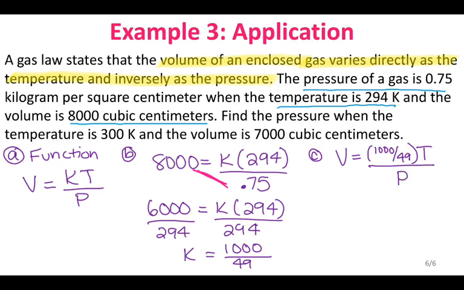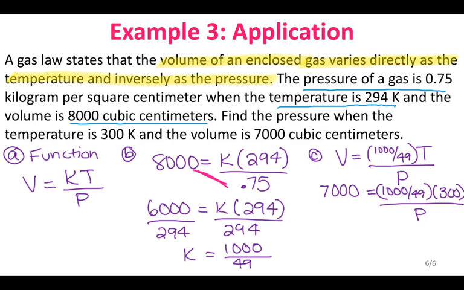Temperature over pressure. Now, if I look at the rest of the problem, it says find the pressure when the temperature is 3,000 Kelvin and the volume is 7,000 cubic centimeters. So I'm going to go ahead and make some replacements. So my volume was 7,000. K is still 1,000 over 49, but my temperature is 300. And I'm trying to solve for the pressure.